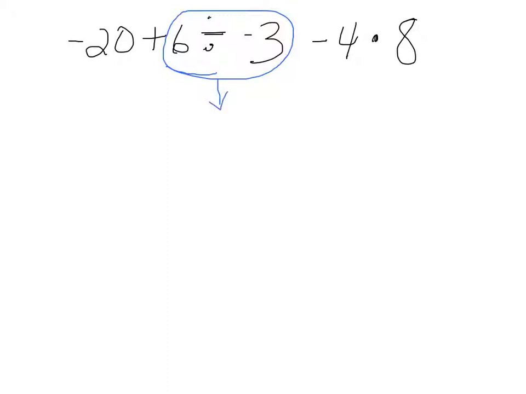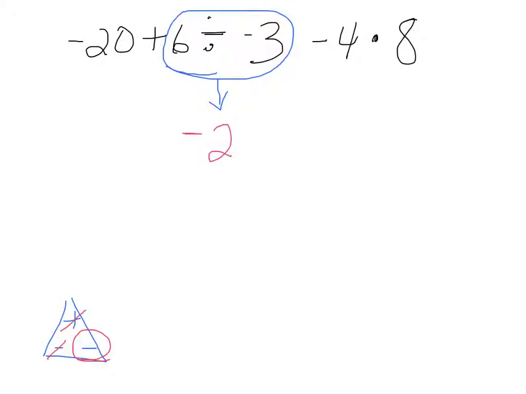As you learned in your integer book the other day, if you look down toward the bottom, our little triangle method. We have our positive and our two negatives. So if we have a positive and we have a negative, the only thing left is a negative. So the answer is 6 divided by 3 is 2, and it has to be negative 2.